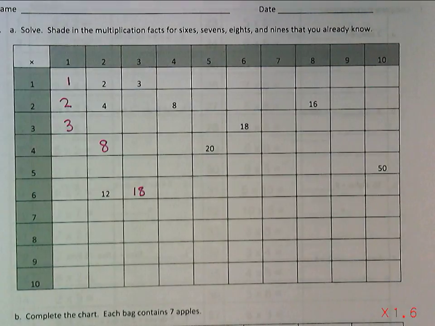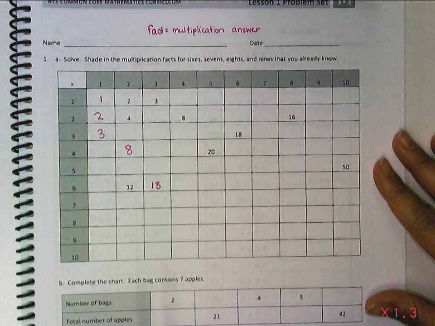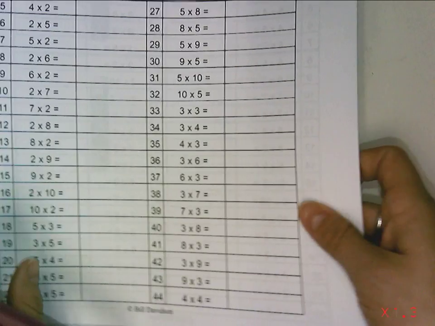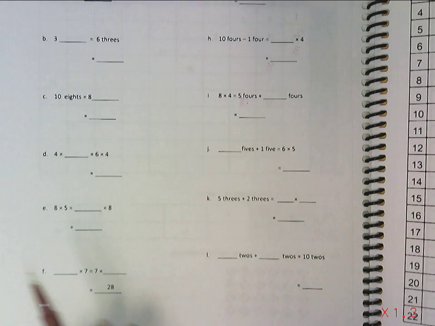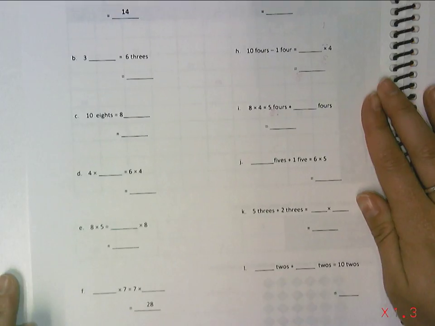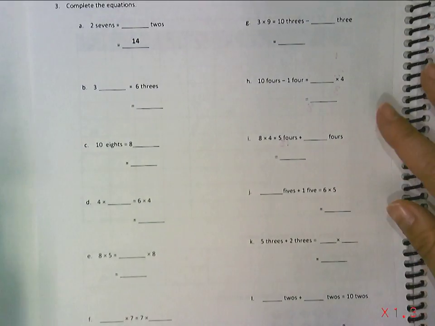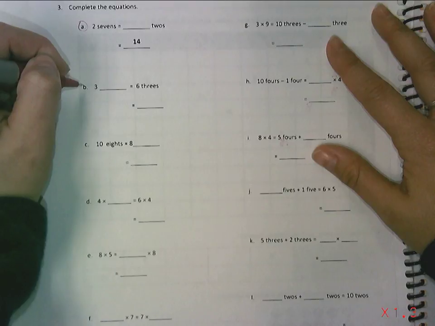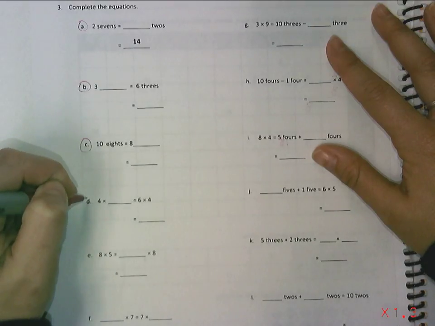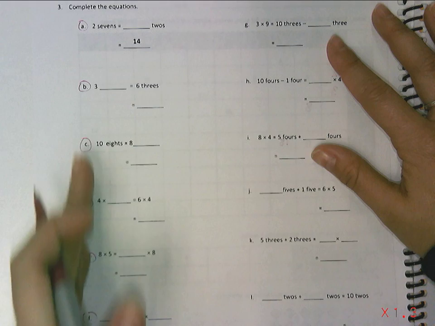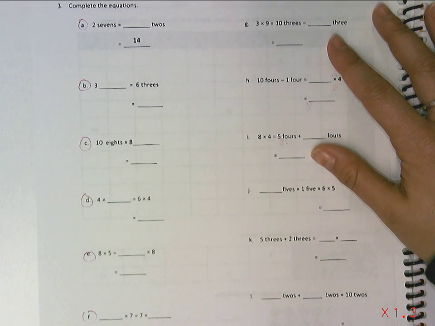Once you finished that, I would like you to finish this entire front page of your problem set and get as much done on the back page as you can. This is what you must do, this column here, letters A, B, C, D, E, and F. These are your must-dos today, boys and girls.